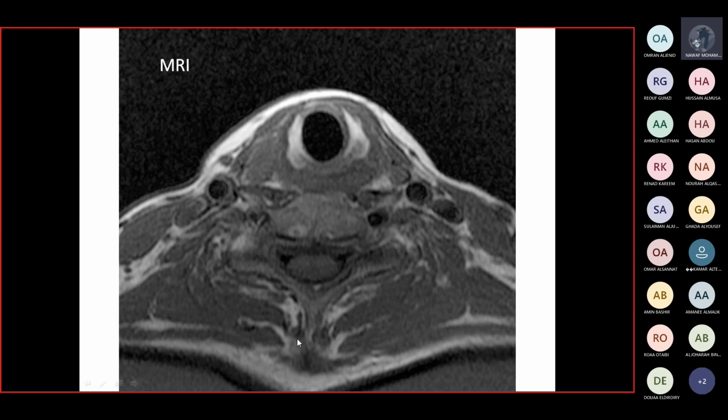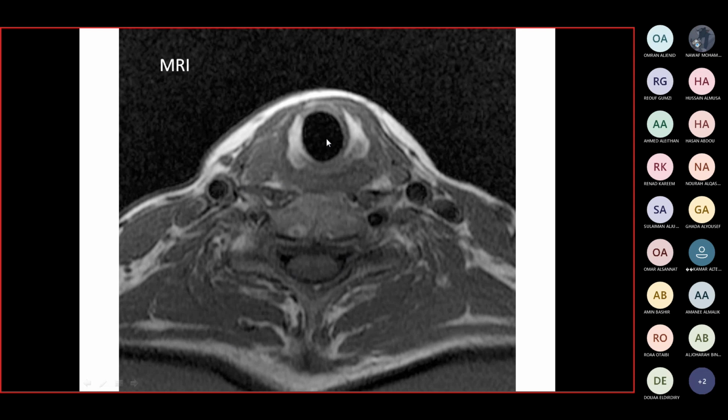Don't say density on MRI. You have to know the terms for MRI imaging. In MRI, we talk about intensity. This is an isointensity, not very bright like CT, but this is MRI.